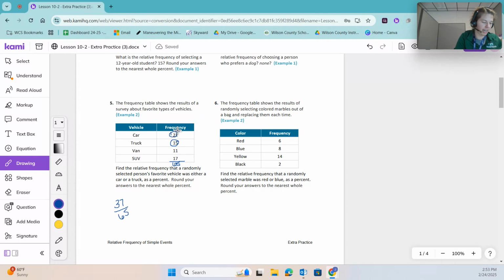So 37 out of 65 equals 0.569 or approximately 57%. It says round to the nearest whole percent. You can try number 6 on your own, just like that one.